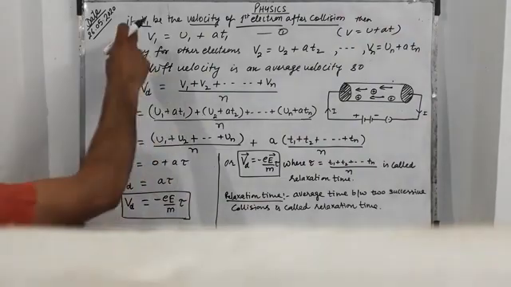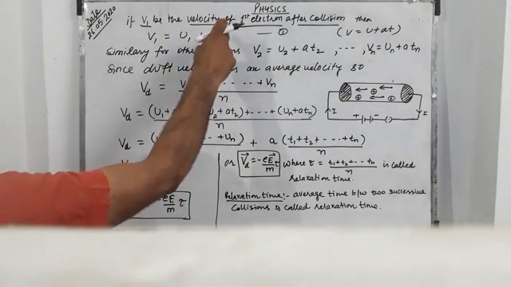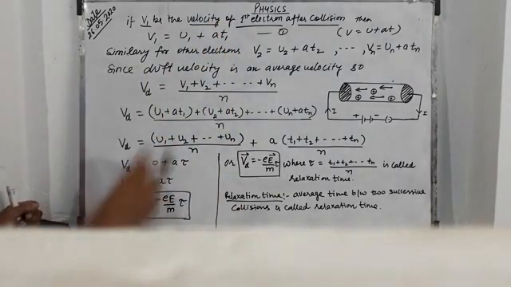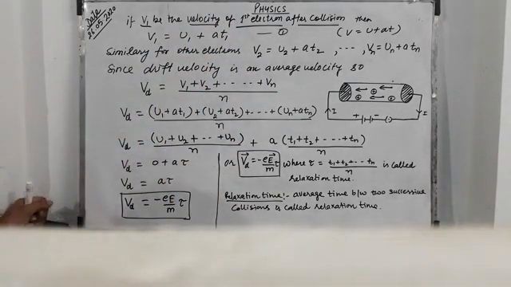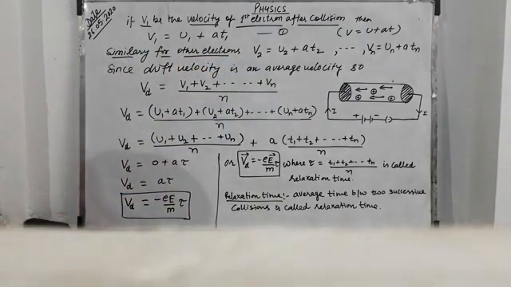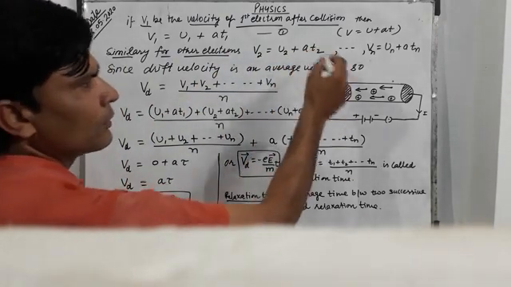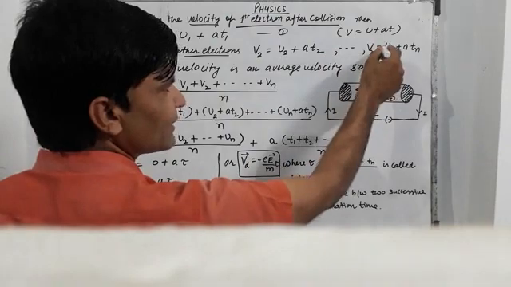Okay, so for first electron v1 is equal to u1 plus a t1, because a is constant for all the electrons. Okay, similarly for other electrons v2 is equal to u2 plus a t2, and up to vn is equal to un plus a tn.